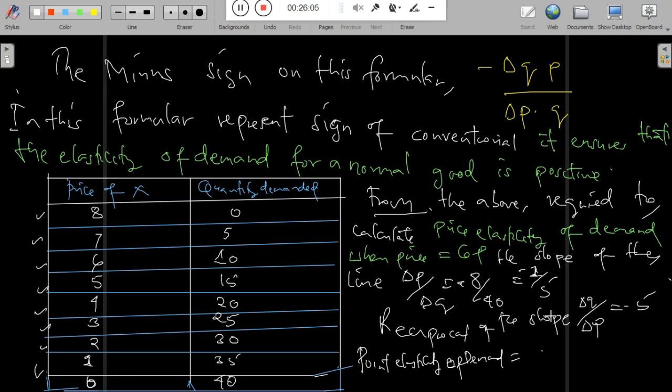The reciprocal of the change of Q over the change of P is given by taking the current price divided by the base price, and the change of quantity, that is the current quantity, divided by the base year quantity.